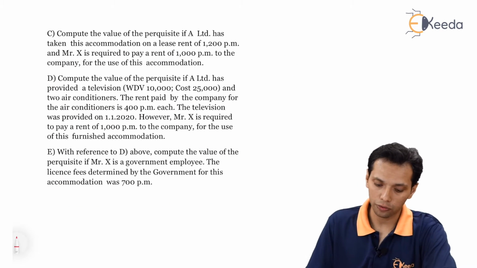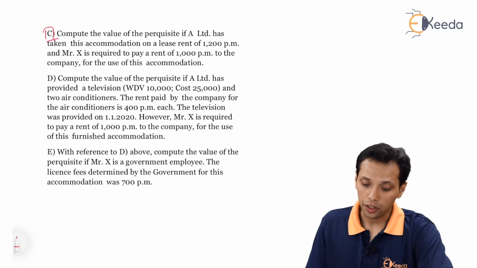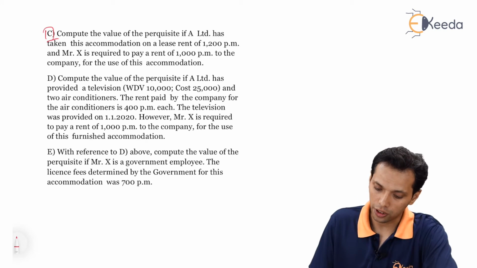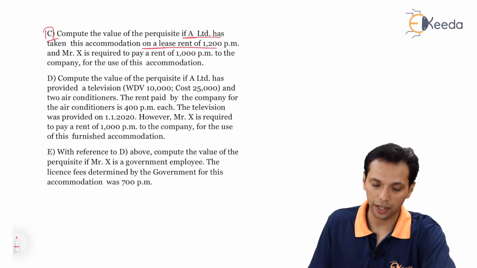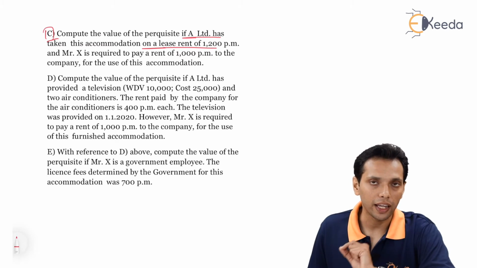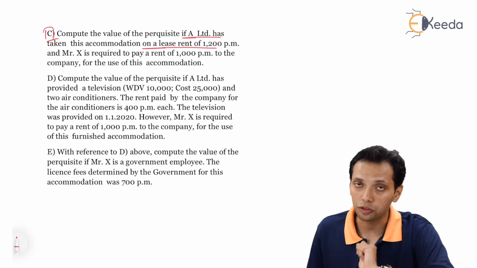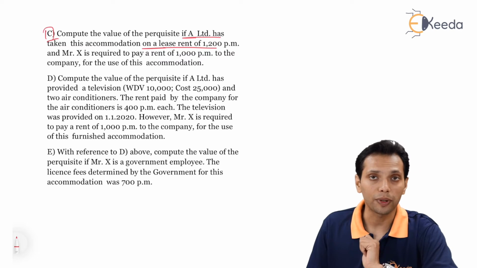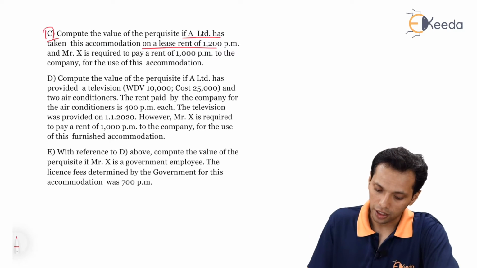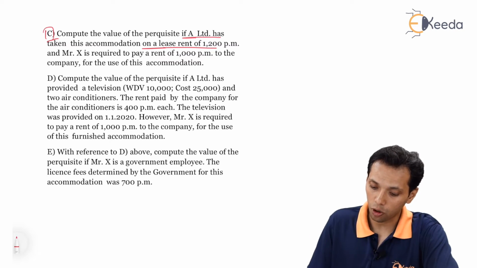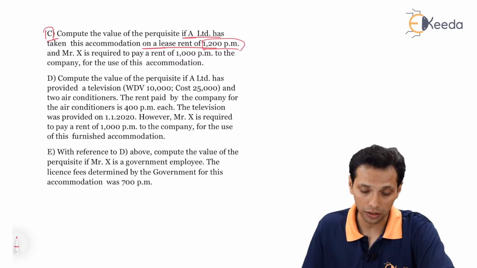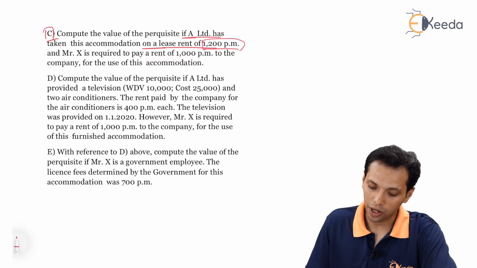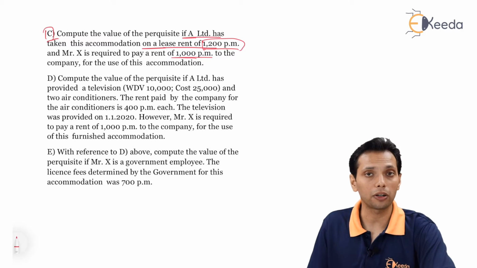Now part C of the question. Compute the value of the perquisite if A Limited has taken this accommodation on lease rent. Now for part A and part B, we had assumed that the accommodation is owned by the employer. Now it is specifically mentioned in the question that this accommodation is on a lease rent of 12,000 per month, and Mr. X is required to pay a rent of 1000 per month.